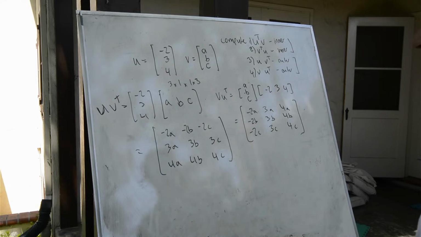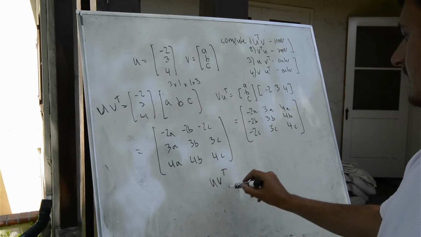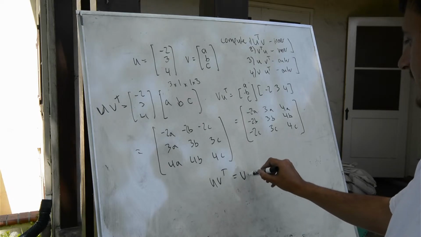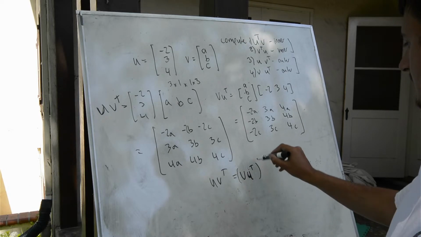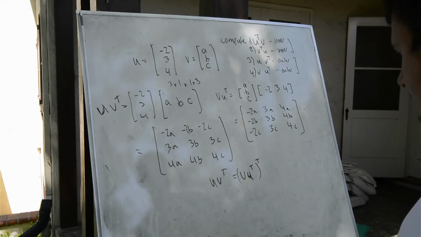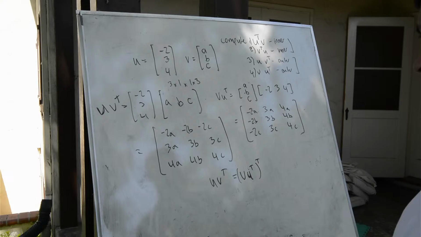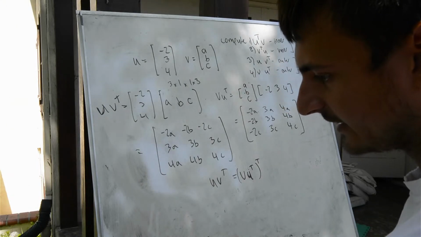So UVT is equal to UVT transposed. So the outer product, you have to transpose it to get the actual same thing back.